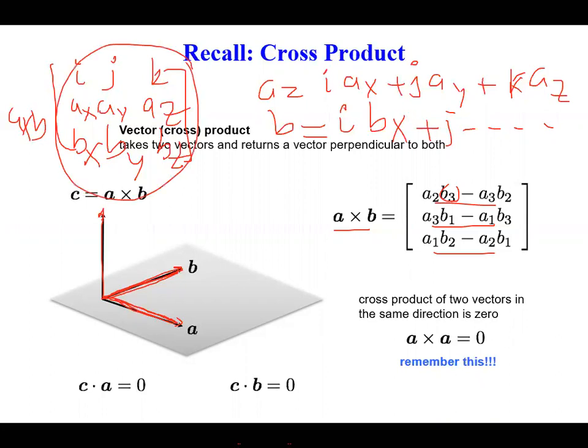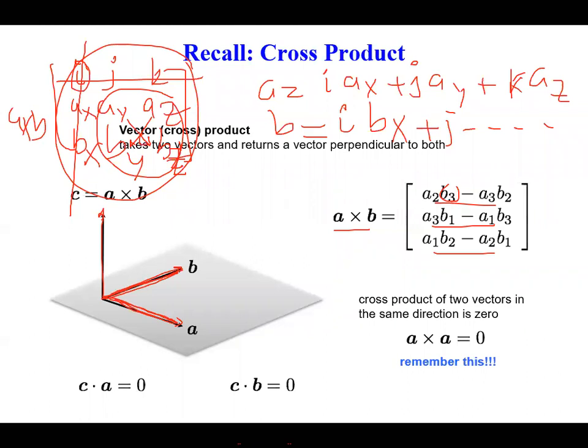Having this, if I would like to get the solution, if you recall, we take this one and remove its row and column, and then it will be i multiplied by the determinant of this matrix, which is Ay multiplied by Bz minus Az multiplied by By.